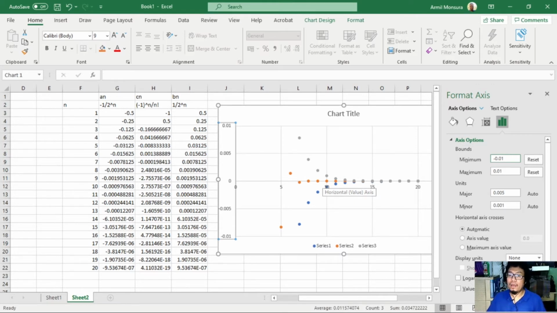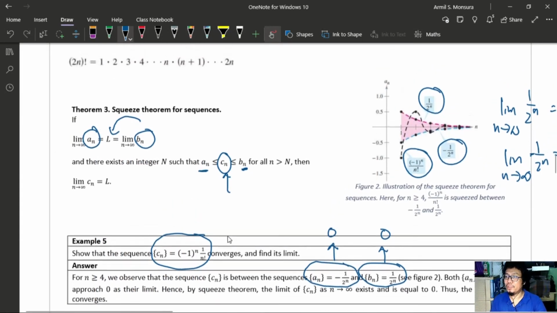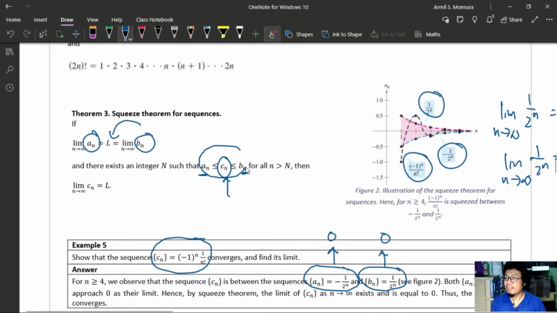Now, this requirement for theorem 3, for all n greater than or equal to a certain number N: theorem 3 does not require that your sequence Cn is between An and Bn for all n.